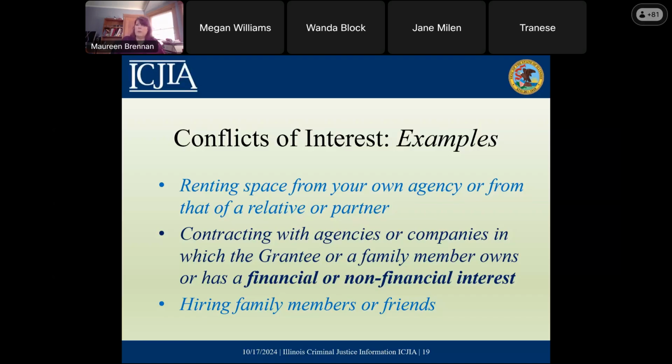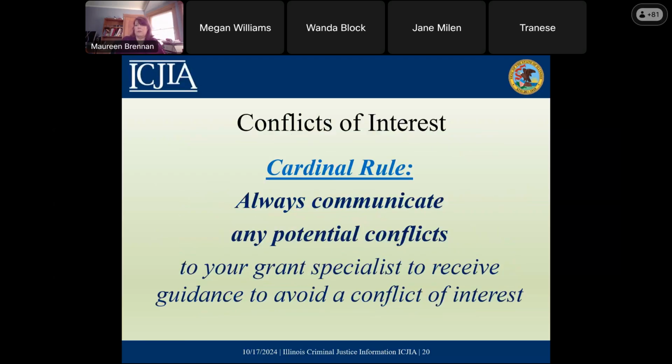So let's talk about what that non-financial interest could be. For instance, if you sit on the board of a partner agency and your agency is awarding a contract, a subaward, to this agency, you're not getting any financial gain from that agency where you're a board member.